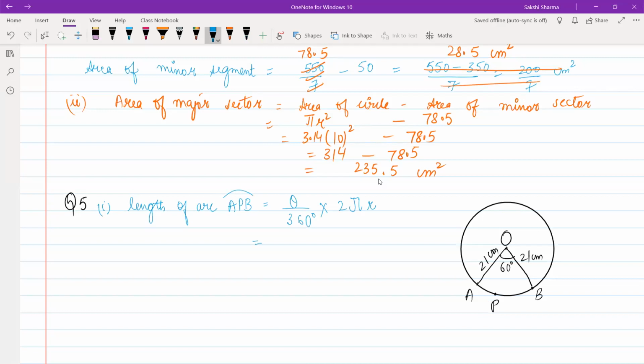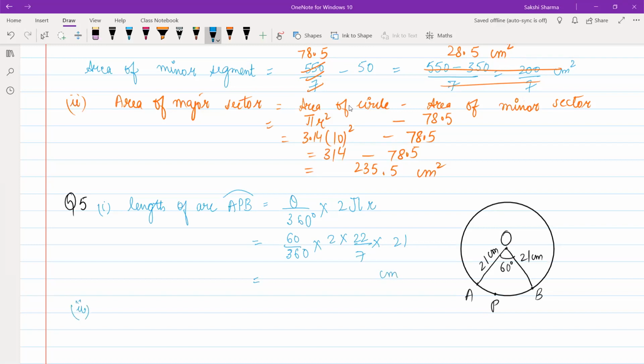Once again, please check the value for pi in case it's 3.14. In the fifth question, it's not indicated, so I'll be using it as 22 by 7. Simplify and obtain your answer. The answer will be in centimeters.